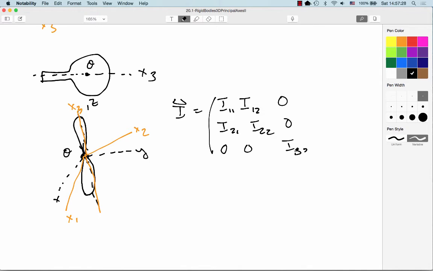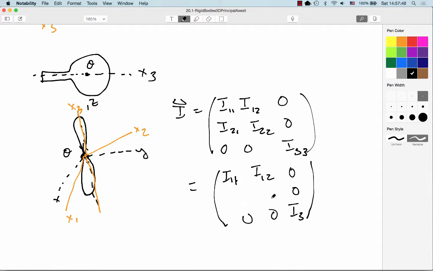And I'm just I3,3. And since we already know this is a principal axis, we can go ahead and relabel that just I3 down there. And we also know from symmetry that I1,2 and I2,1 have to be equal. So I'm going to go ahead and call them both I1,2.